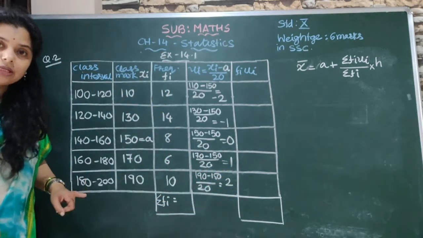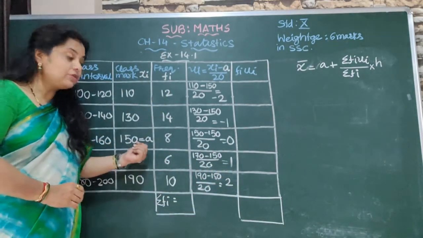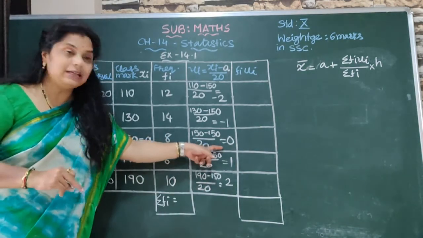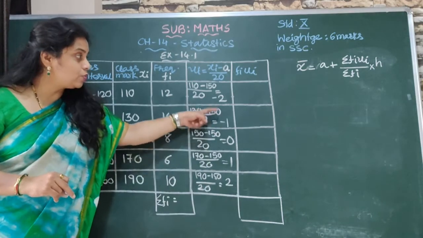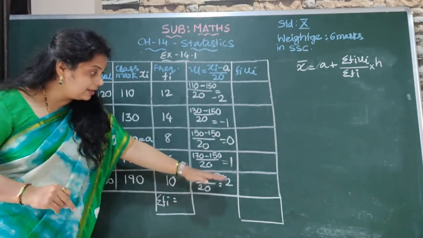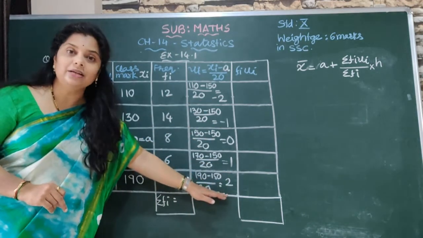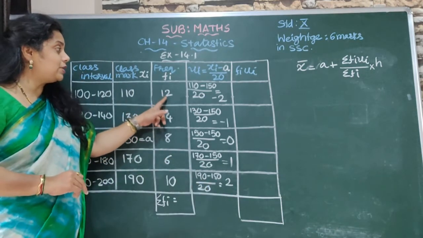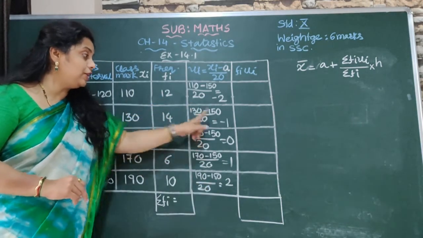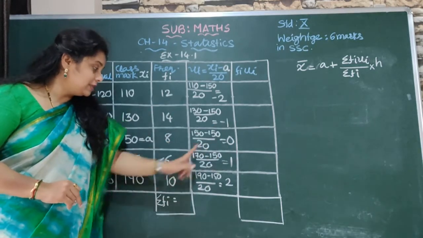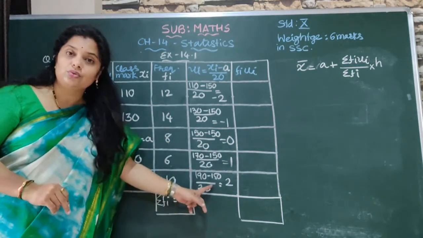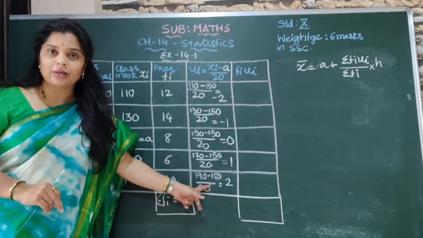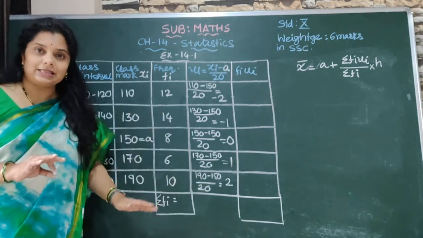Now if you notice why I have selected 150 as the assumed mean: this is the center 0, above it minus 1, minus 2, and in the lower part it is 1 and 2. Isn't it easy to multiply 12 into minus 2, 14 into minus 1? Here it is 0, then 6 into 1 and 10 into 2. Yes, it is easy. I hope you are getting this concept.